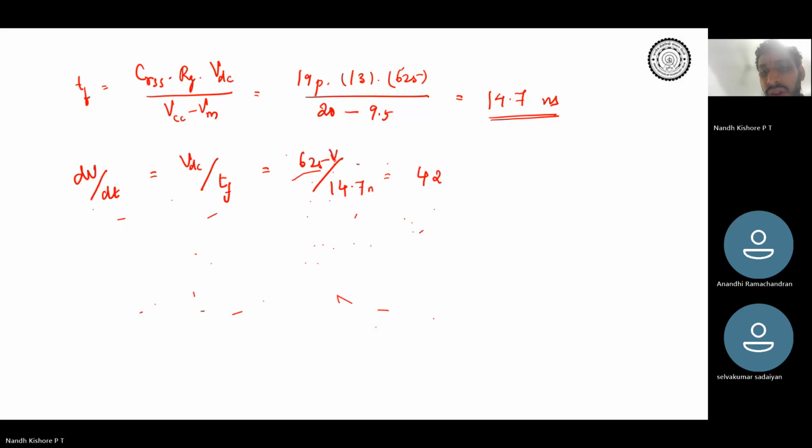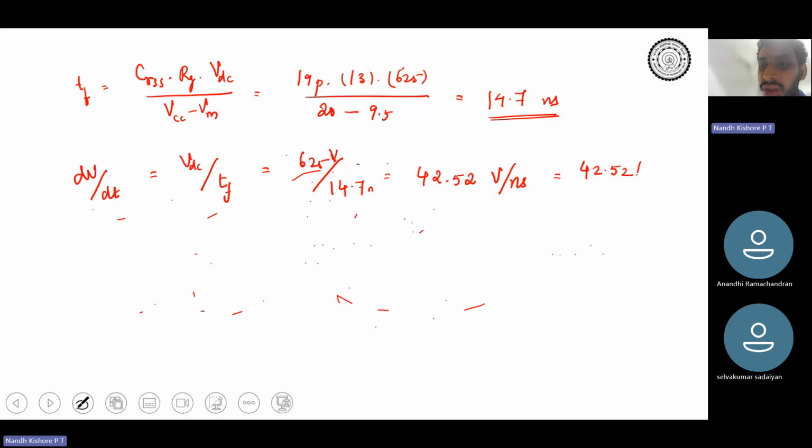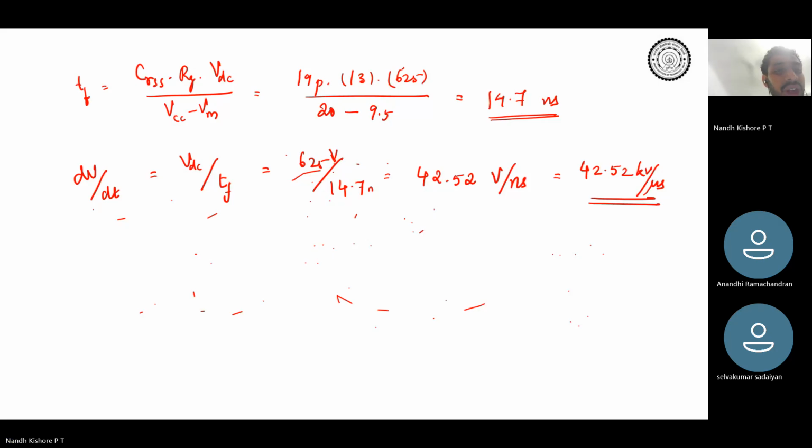Okay. So 42.52 volts per nanosecond, or people tell it in kilovolts per microsecond. 42.52 kilovolts per microsecond, right? So every nanosecond, the voltage increases by 42 volts. That is the dV by dt, which is very, very high. Okay.